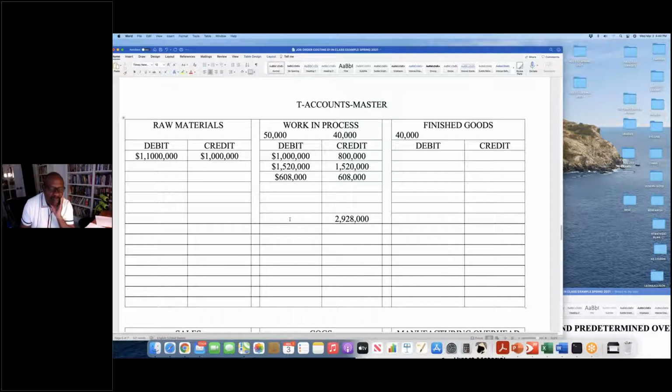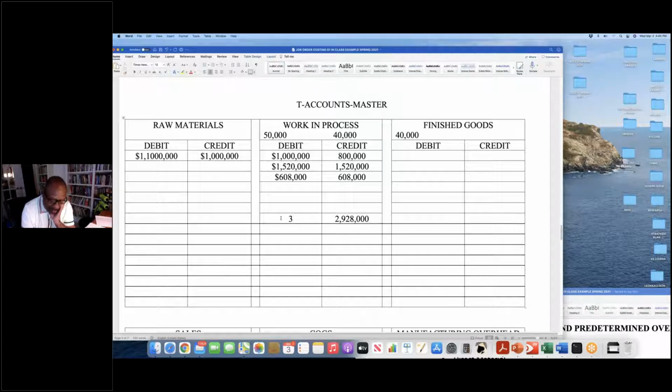And how much were our debits? I'm not the finance guy, so I gotta do that one. 3,128,000.